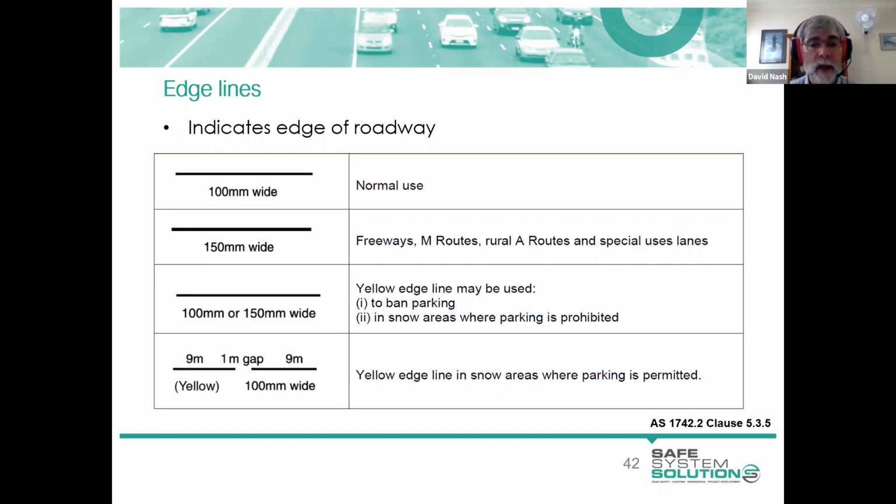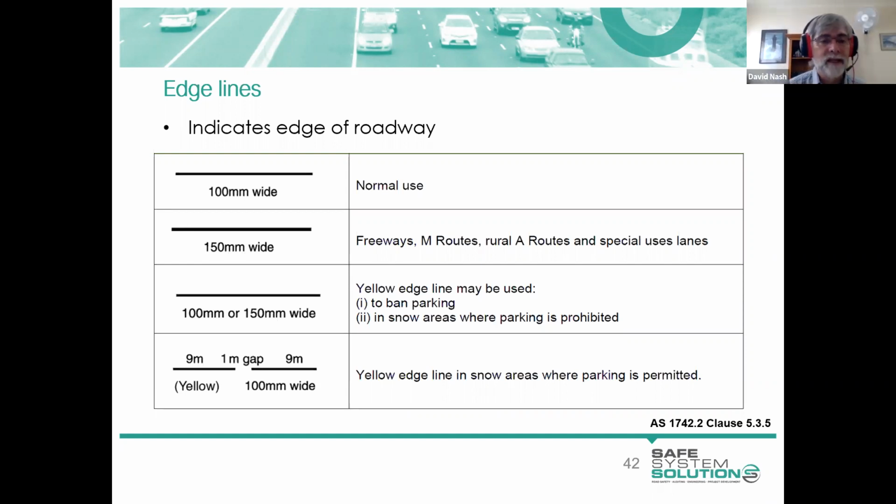They can also be yellow, which is used to ban parking. And the last one is, again, a very unusual special application. We use yellow edge lines in snow areas because white lines are white, snow is white. It's not that easy to see the white line in snow, so it's actually better to use a yellow line in snow.